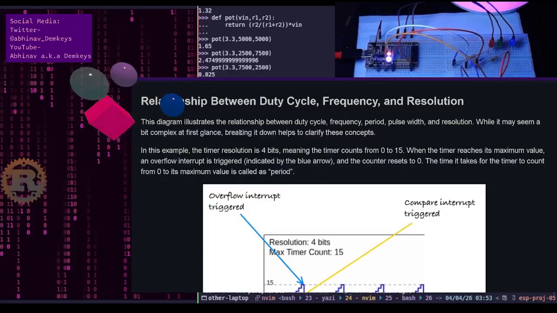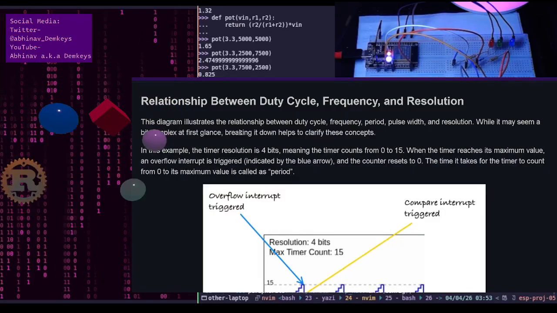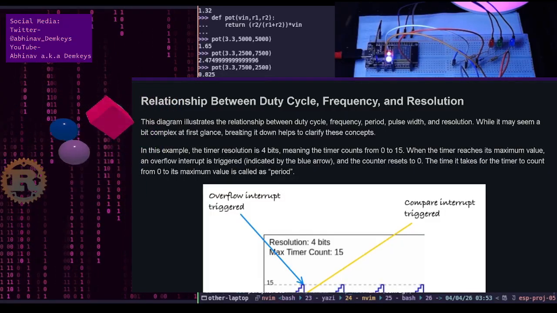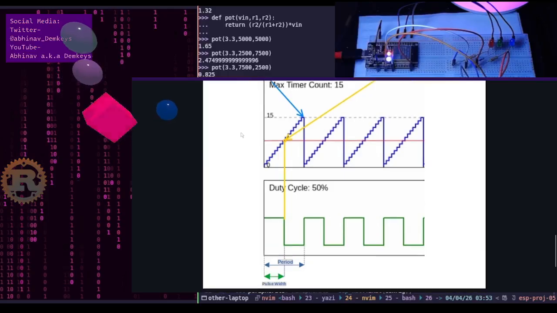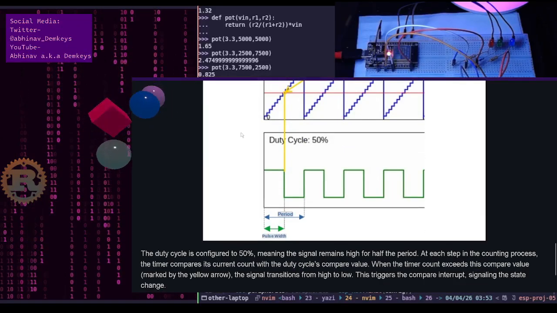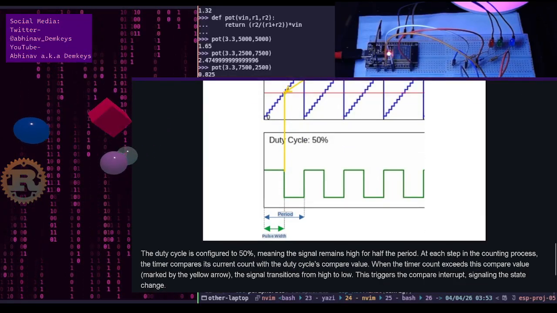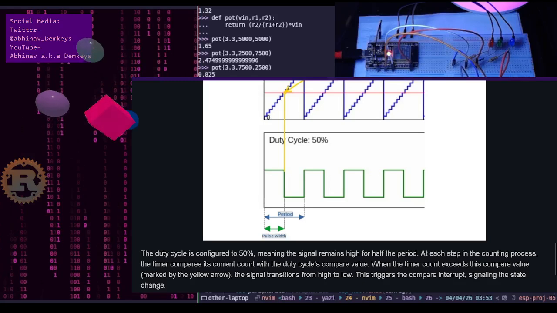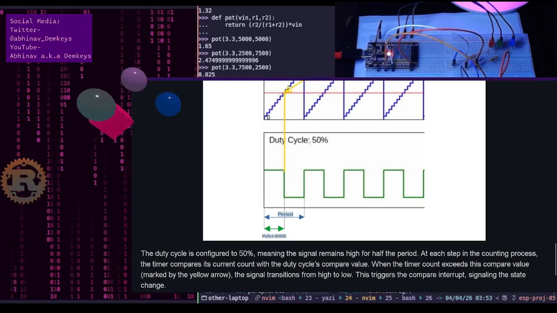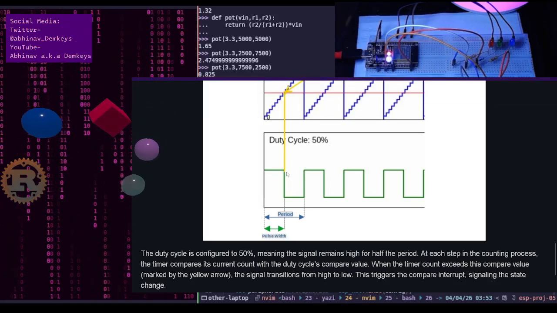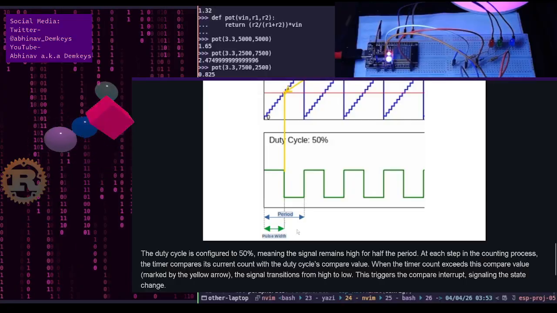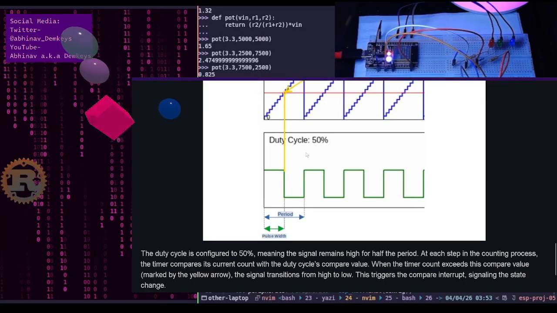What is pulse width? I haven't looked into that. What would be considered pulse width here? Pulse width is basically duty cycle. So the pulse width is 50%.